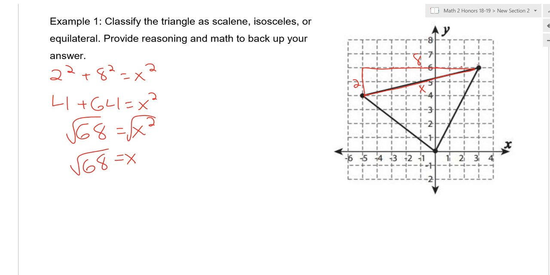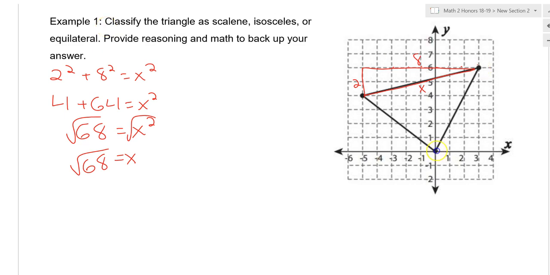If you want to get it as a decimal, that's fine, but to be honest, you're just trying to determine if the sides are the same or not. So if I know that's square root 68, I can just leave it like that and see if the other ones match up. Okay, so let's find our next side.